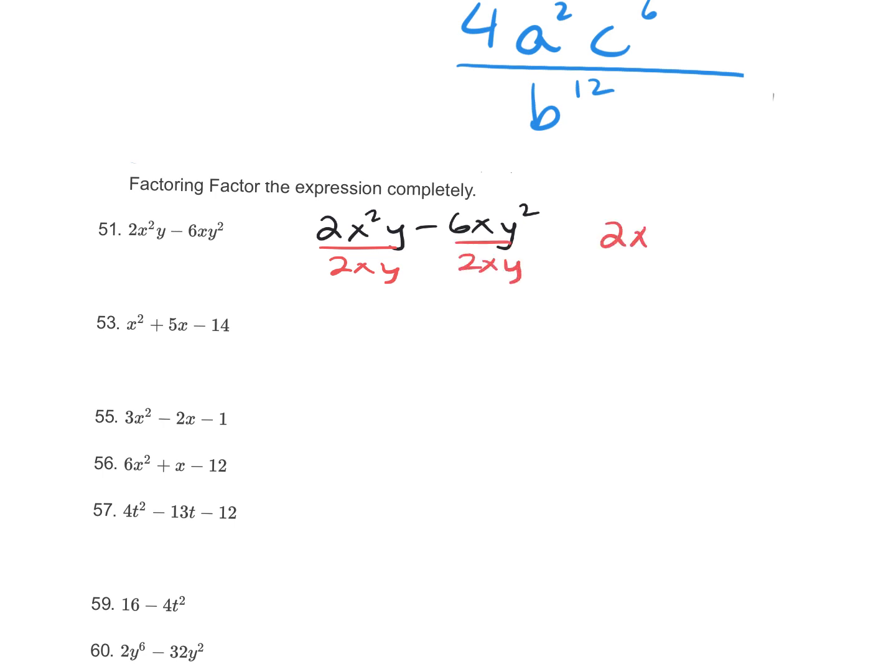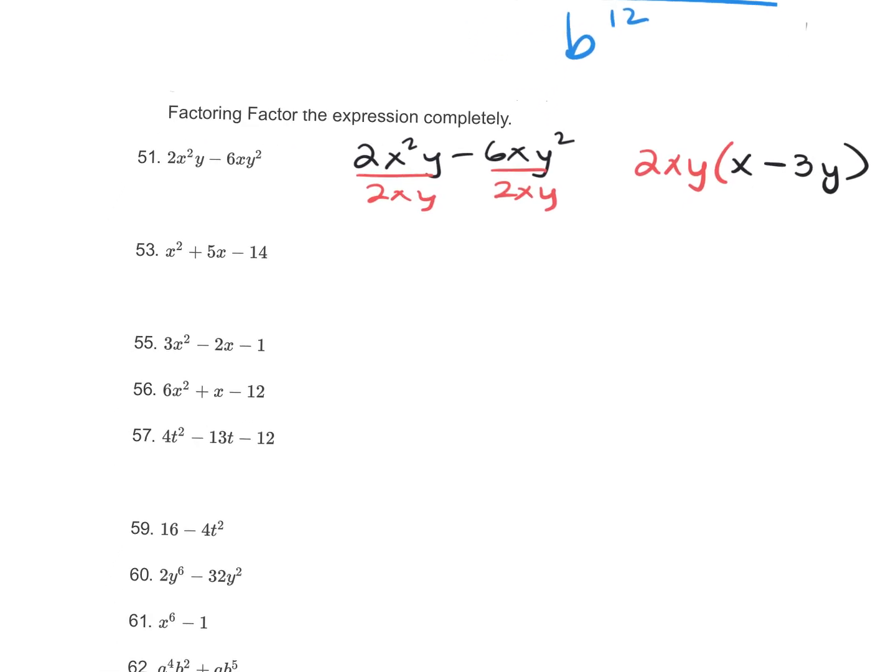My GCF, I'll write it here. And then in the parentheses is going to be what results after I divide. So after I divide the first term, the only thing that's left there is an x. And then the second term is going to be 3y. And you're done.